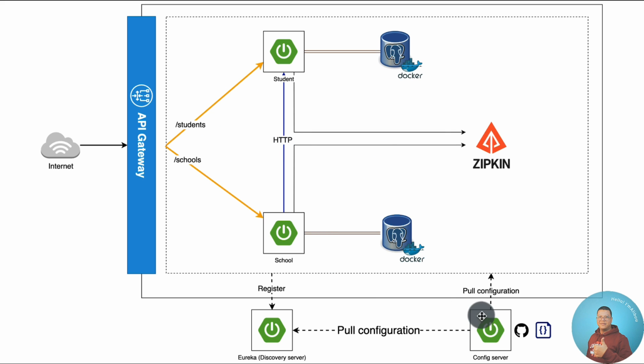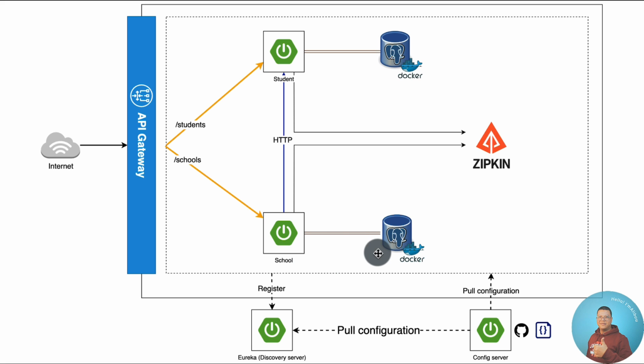And then we see right here that we have a config server and a Eureka, or a discovery server. So each microservice in here, when it starts, needs to register itself with the discovery server. So this discovery server will also be used by the API gateway to determine what are the running services.